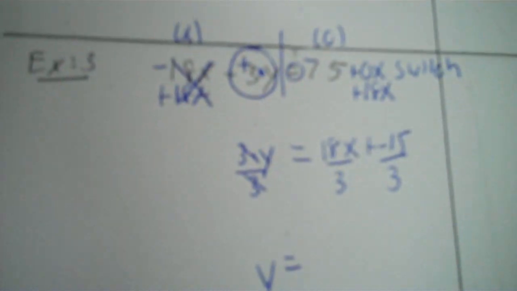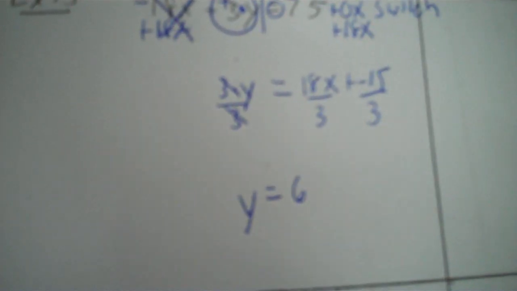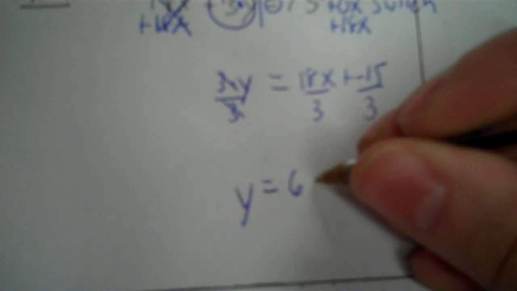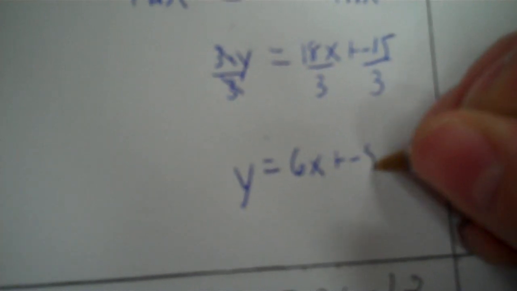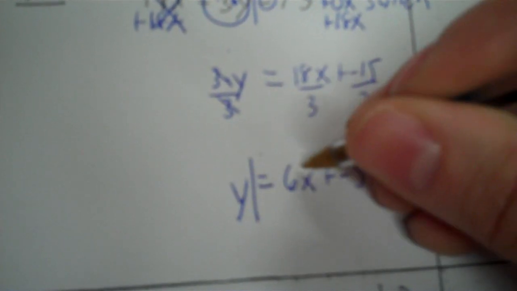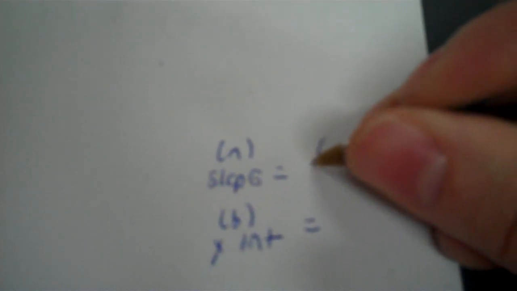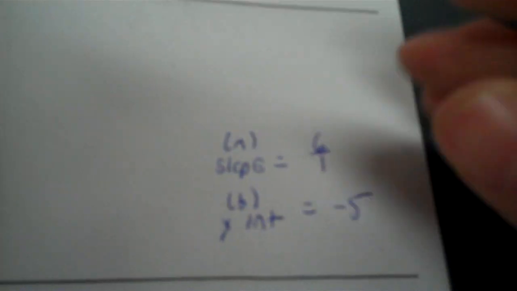Now, this time, 18 divided by 3 is a whole number 6. So I want you to put 6 down. I mean, it's not a mixed number. It's also not a decimal. Negative 15 divided by 3 is negative 5. Now y is by itself, so you got m and b. So the slope is 6 over 1, and the y-intercept is negative 5.